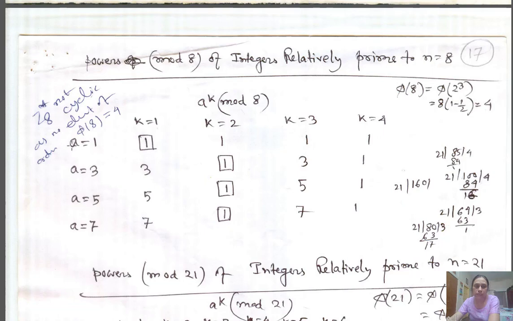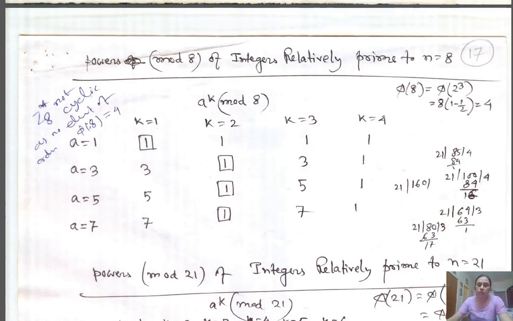So there exists no element in this Z8 star that attains the power equal to 4. The power a to the power k becomes 1 before reaching phi n. So there is no element which is a generator. Essentially, this is not a cyclic group.